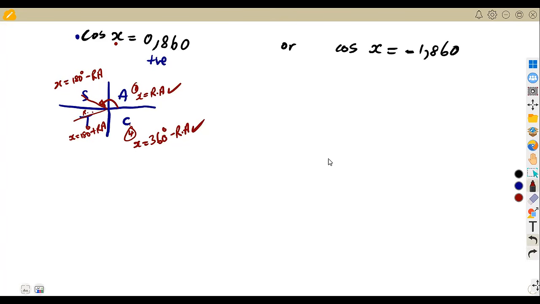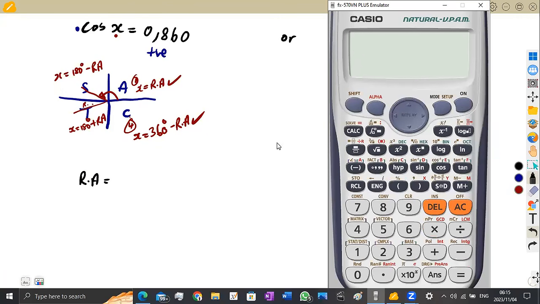So meaning to say, let us find the reference angle. Remember, the reference angle simply means the arc cos of this value from your calculator. It simply means arc cos like this. This is what I'm trying to say. Remember, we've got 0.86. So shift cos like this, 0.860. Like that is the reference angle, and that is taken.